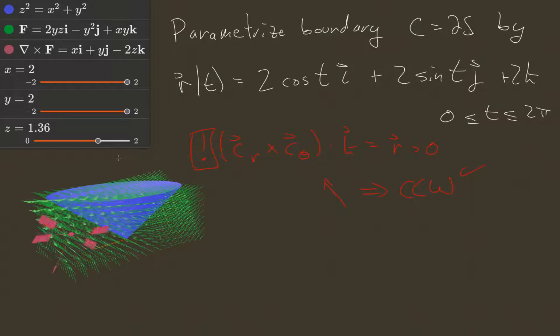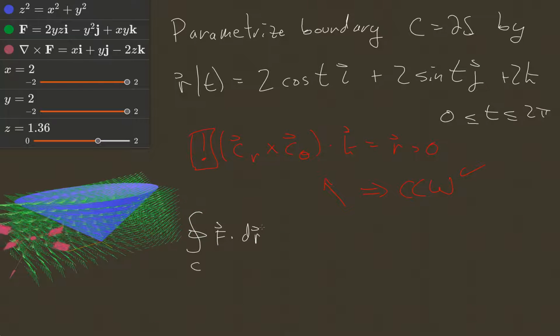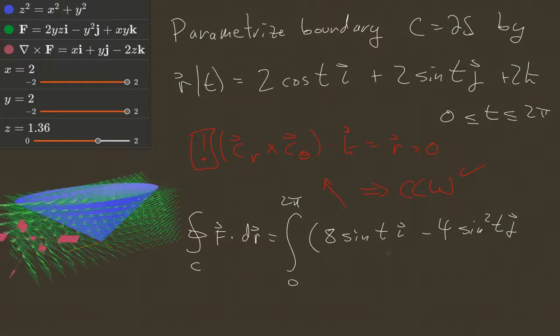All right, so now we can integrate. The integral over C of F dot dr is the integral from 0 to 2 pi. Now F is 2yz, so that'll be 8 sine t i, minus y squared j, so minus 4 sine squared t j, and then plus xy k, so plus 4 cos t sine t k.